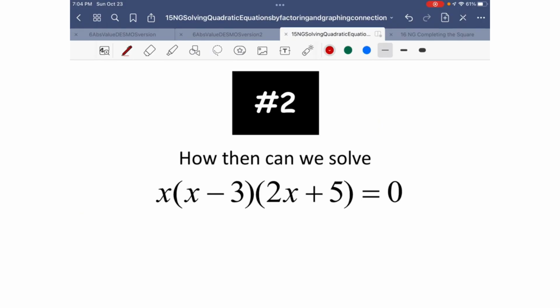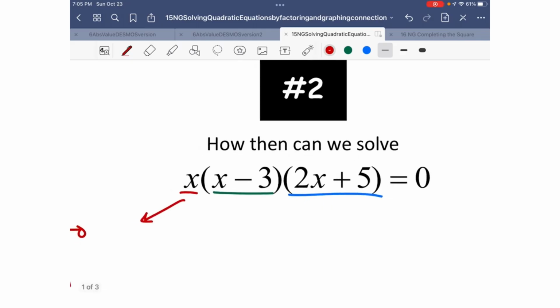Okay, that seems pretty simple. So how can I translate that to this statement? Do you see I have three things: an x, an x minus 3, and a 2x plus 5. They're equal to 0. So what's got to be true about these three things? That's right, at least one of them has to equal 0. So maybe x equals 0.